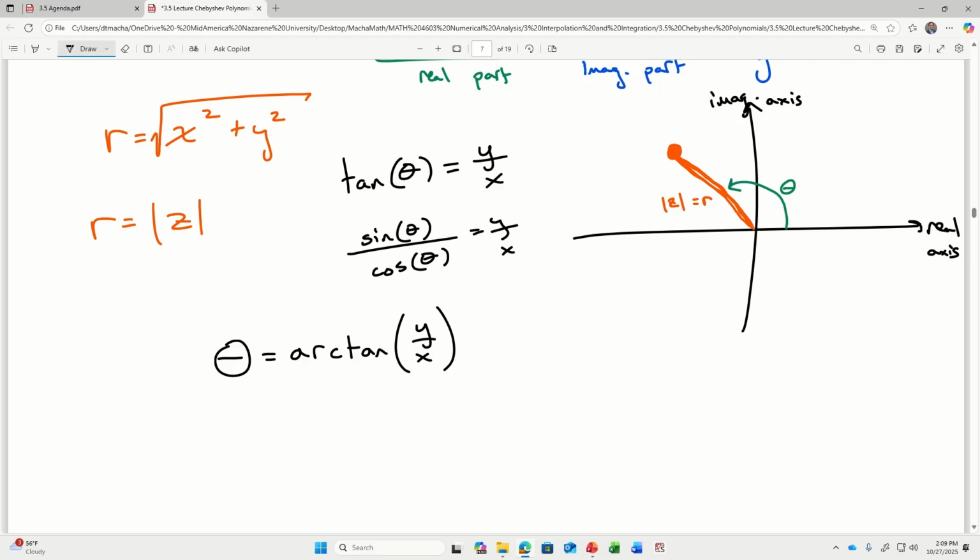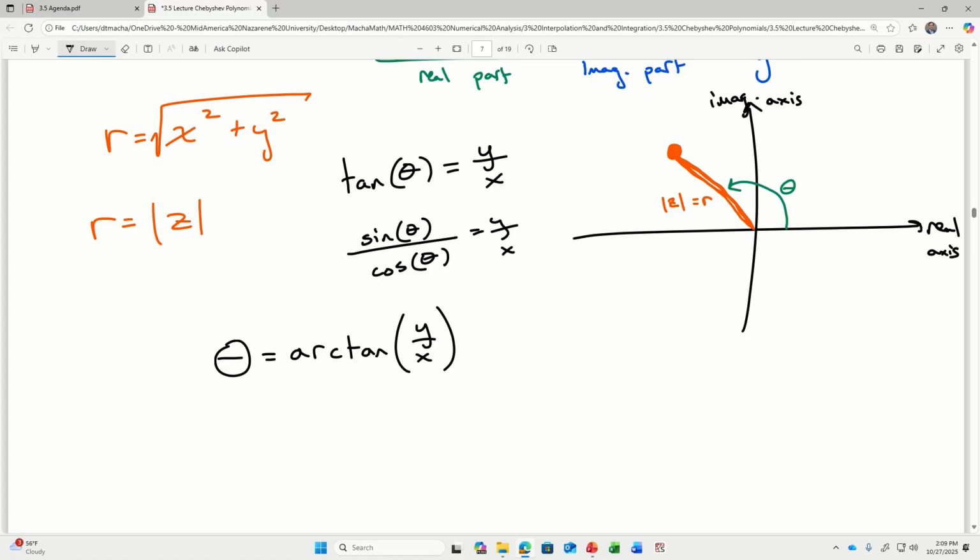But a negative divided by a negative is a positive. And so these points in the third quadrant are indistinguishable from the points in the first quadrant. When I plug them into the arctangent function, it's the same argument, whether you're in the first or the third quadrant. And the same thing for the second quadrant. The second quadrant is overlooked because those points are indistinguishable from the fourth quadrant.